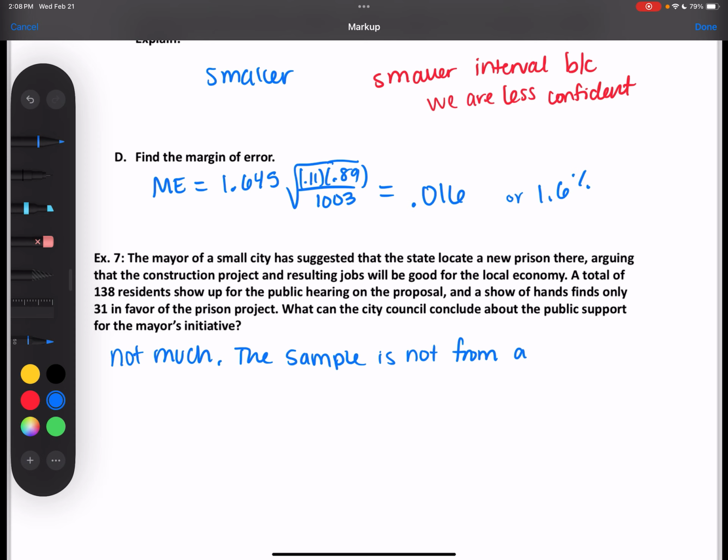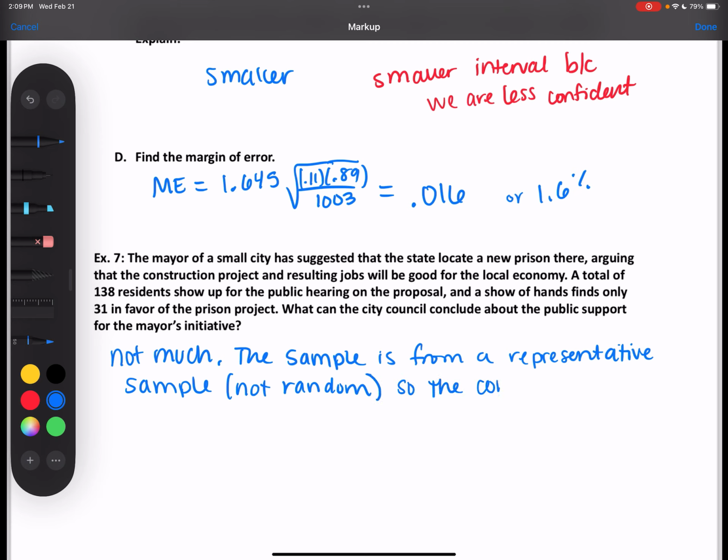The sample is from a representative sample. Not random. So the conclusions may not reflect the opinions of the public.